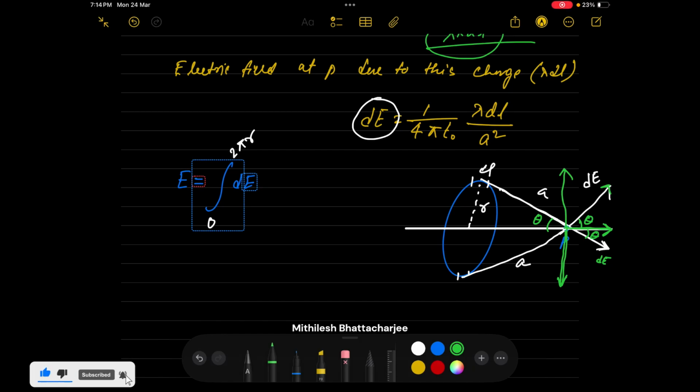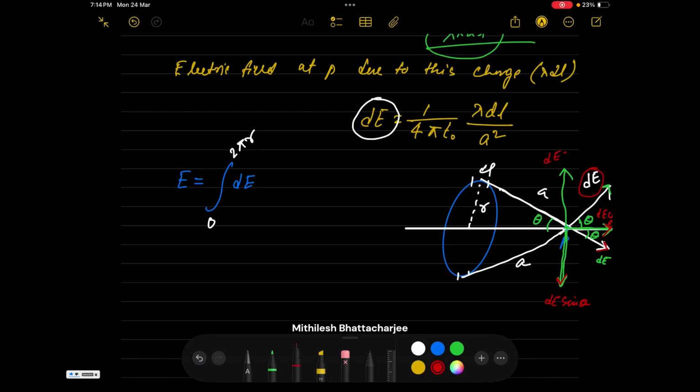So the components are dE sin theta and dE cos theta. Also for the other dE, there is dE sin theta and dE cos theta.